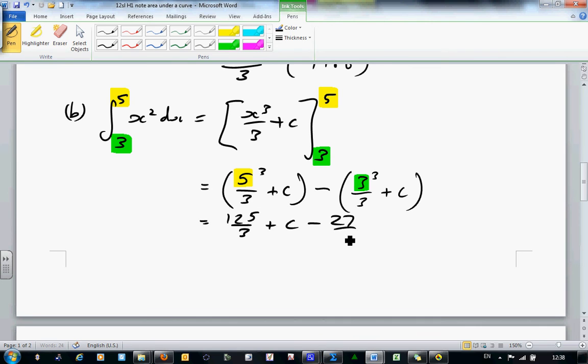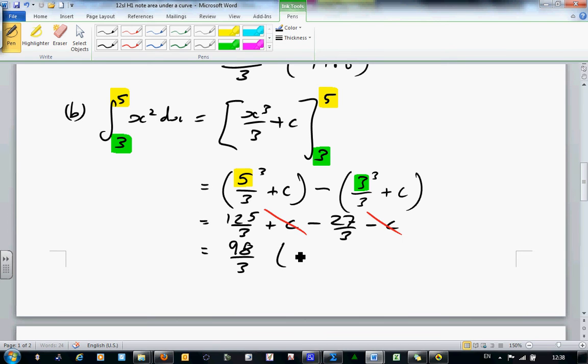Right, these are definite integrals now, because the c, the constant terms, have been taken care of. This one was 98 over 3 square units, which, if we do it in decimal form, is 32 and 2/3. So we're looking at that.